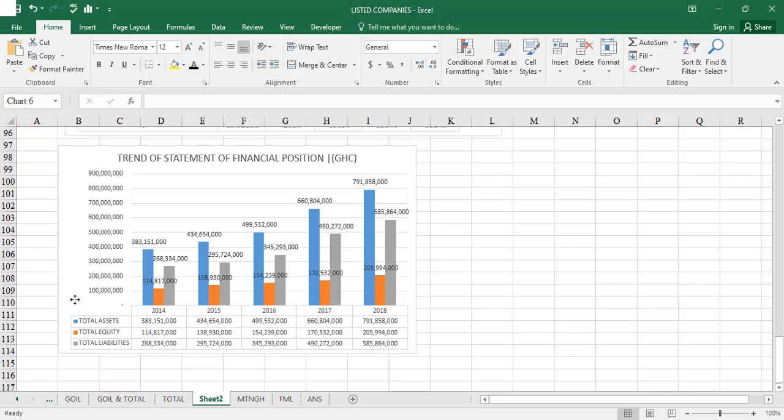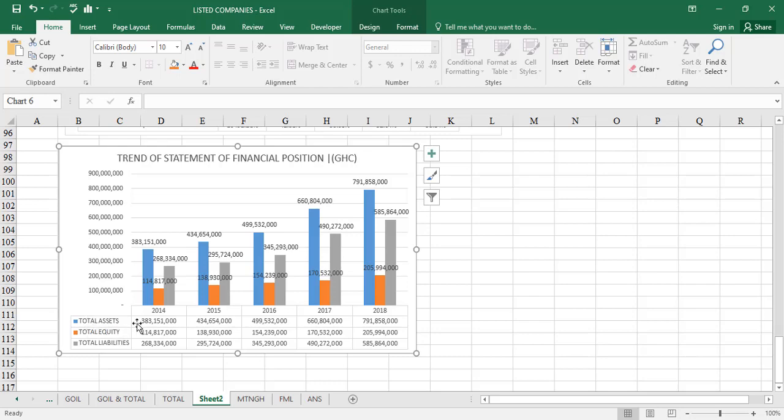Over the 5-year period, we can see that the company has added about 400 million Ghana cedis to its total assets, with 2014 where they had total assets of 383.1 million Ghana cedis, or 383 million Ghana cedis, and in 2018 they had total assets of 791 million Ghana cedis. So that's about 400 million Ghana cedis increment within the 5-year period.